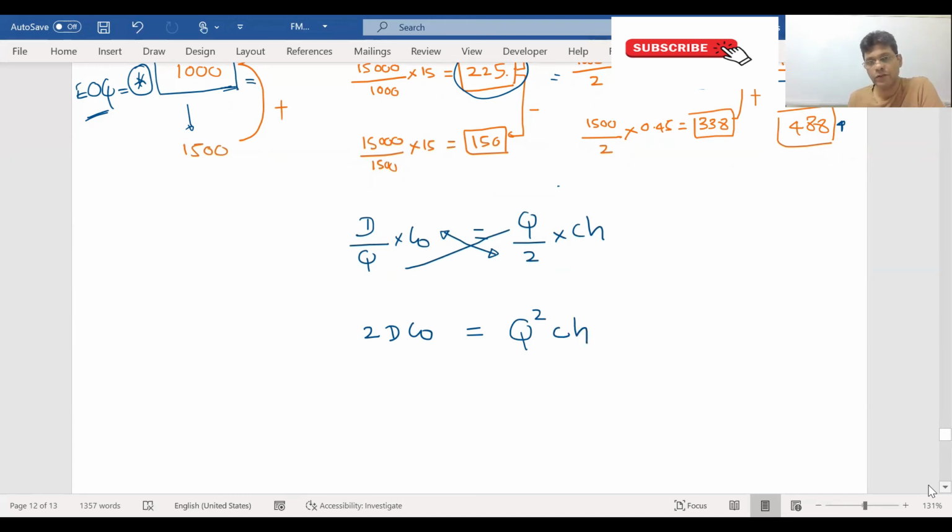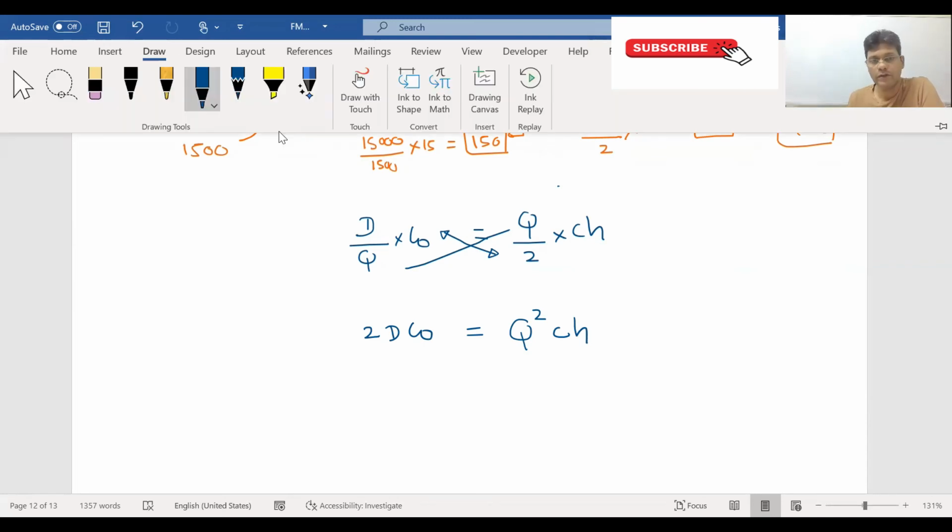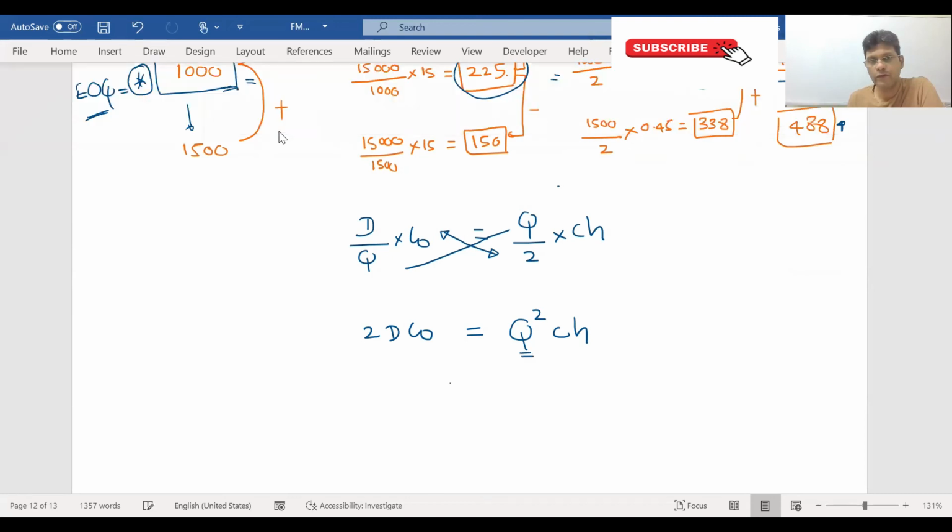Now since we need to identify Q squared, 2DCo equals, we'll keep Q squared here. Since this is multiplication, when you bring it here, it will be Ch.